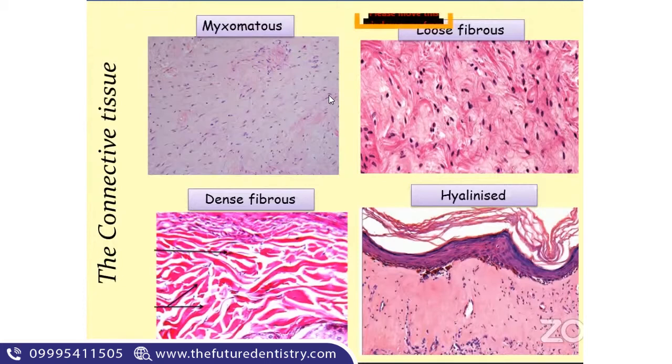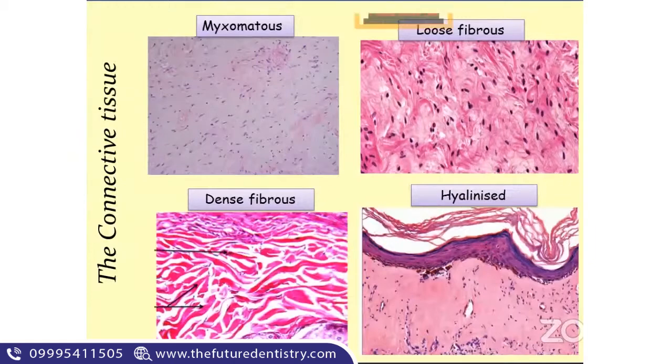So the ground substance does not undergo adequate maturation. That is, the cells are a lot more active, but the ground substance does not undergo maturation because there is not much time. The ground substance keeps getting replenished. So there is not much time for the existing ground substance to get maturized or dense, as a result of which you get this gelatinous pattern, which is also known as myxomatous.